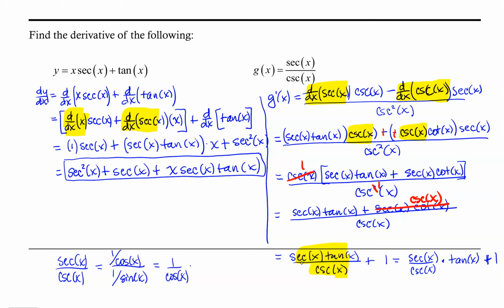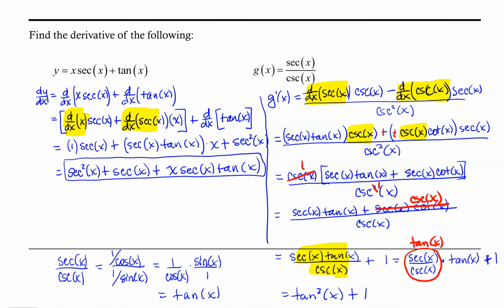So 1 over cosine x times sine of x over 1. We end up with sine over cosine, which is tangent of x. So it turns out that this secant x over cosecant x can be replaced by tangent of x. And then tangent times tangent is tangent squared of x.